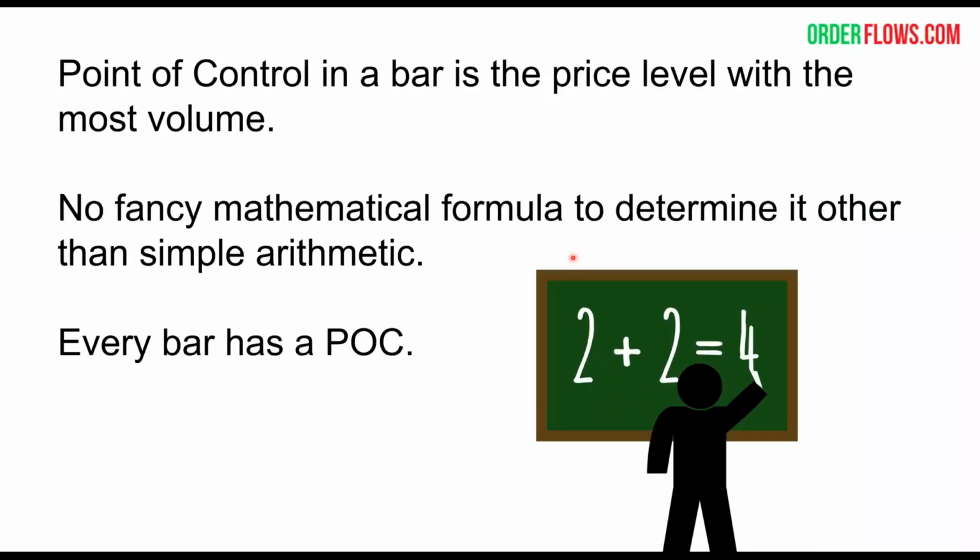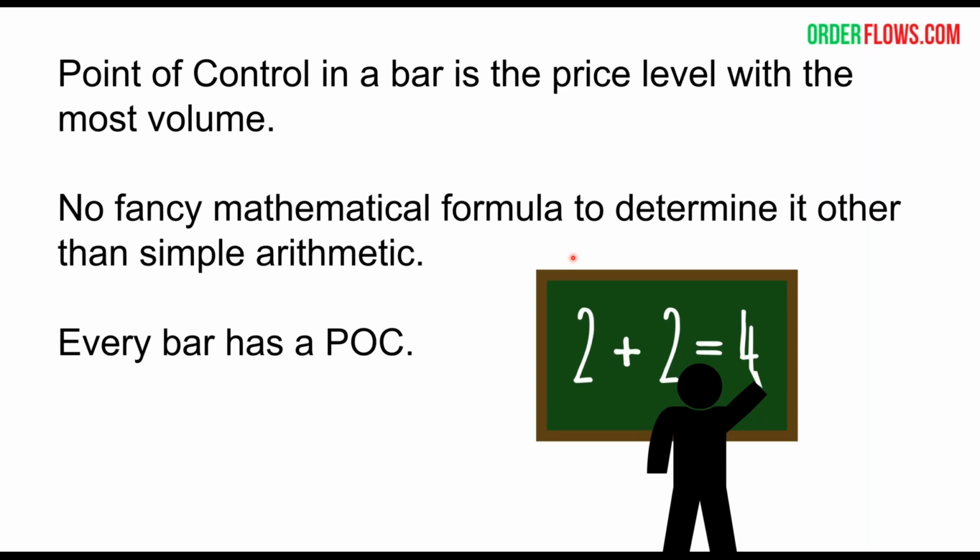So the next important piece of market data that's generated from the time and sales and put on the order flow chart is the point of control, right? And the point of control in a bar is the price level with the most volume. Now, there's no fancy mathematical formula to determine it other than simple arithmetic, right?